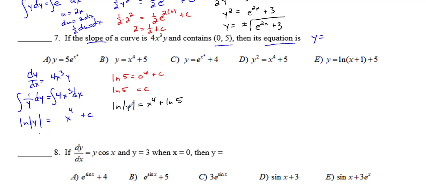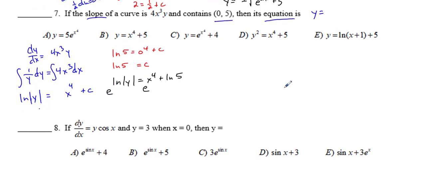I like doing it this way because then it's already written out for me. e to the power of natural log of absolute value y is going to be absolute value y, because e to the power of natural log undoes itself. They undo each other.